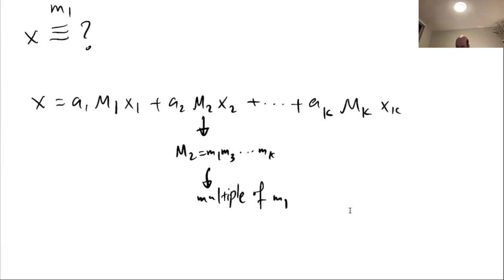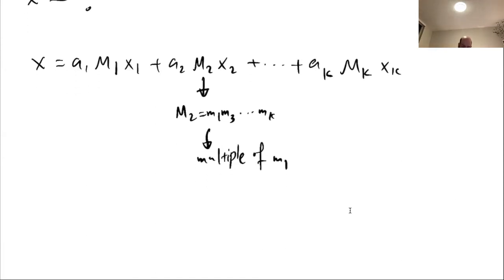which is a multiple of M1. And if a number is a multiple of M1, then mod M1, that number is 0. From the beginning of today's lecture, we repeatedly use this fact that if a number is a multiple of M, then mod M, that number is 0. So that means A2 M2 X2 is 0 mod M1.